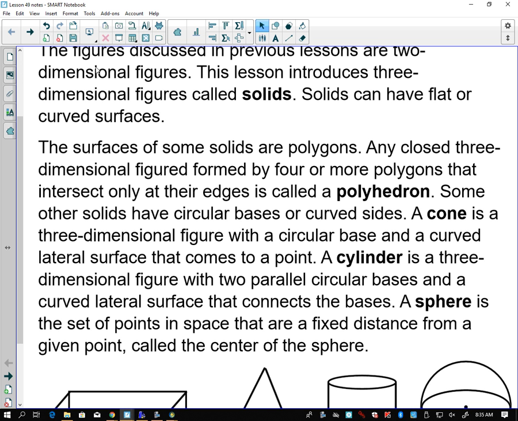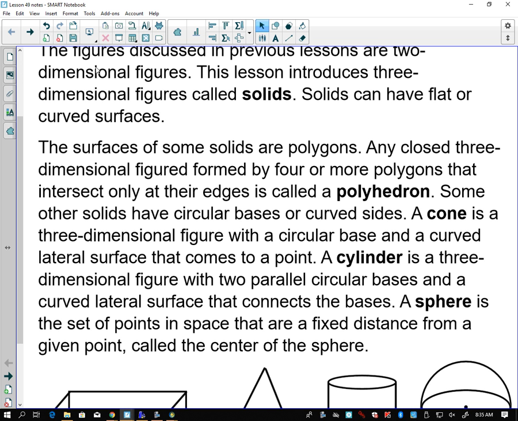You could call this a triangular pyramid, but this is actually a polyhedron that has the fewest number of sides that we can work with, just the same way a triangle has the fewest number of sides that we can work with in terms of a polygon. So everything else goes up from here in terms of number of sides, okay?